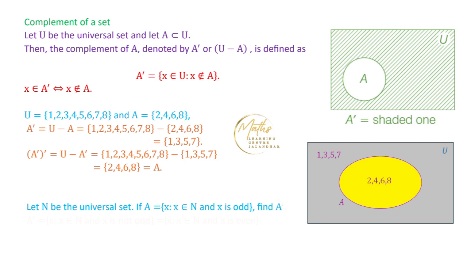Then we have to find the complement of A. So the complement of A in the set of natural numbers, A dash, is equal to all those natural numbers for which x is not odd, and if x is not odd, it means x is an even number. So the complement of this set will be all those natural numbers which are even.